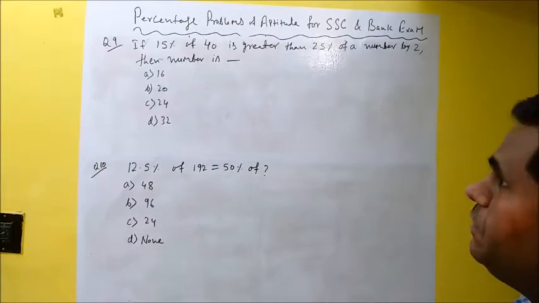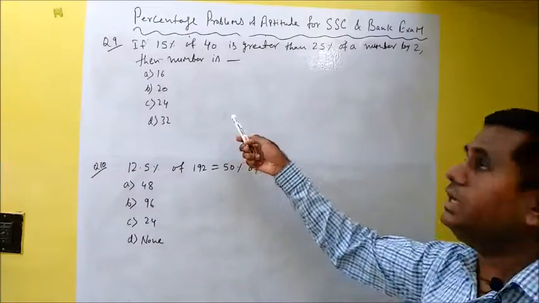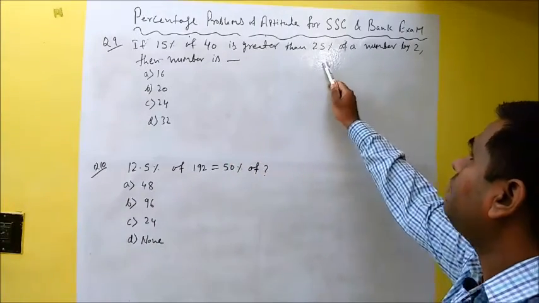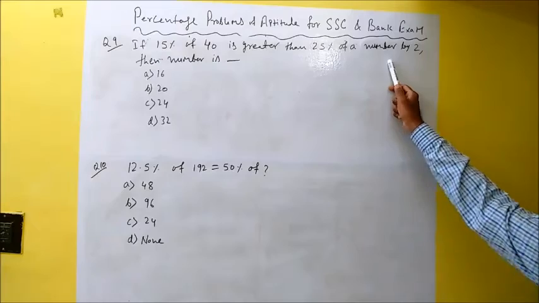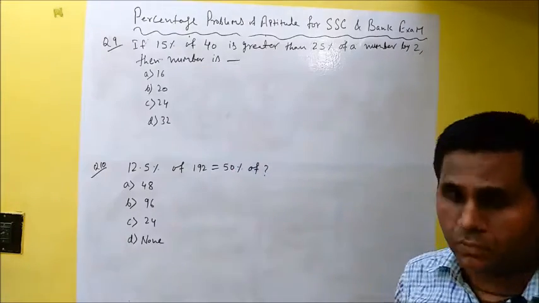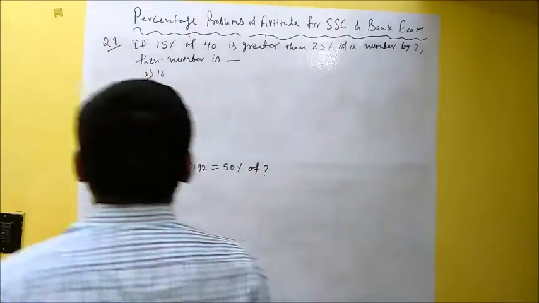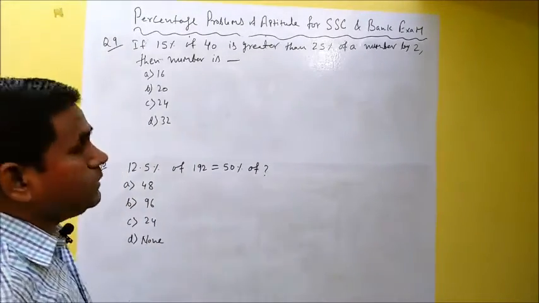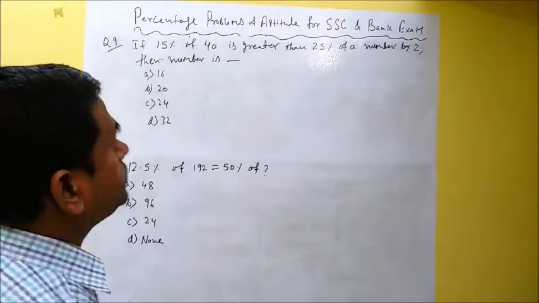It says if 15% of 40 is greater than 25% of a number by 2, then the number is out of any of these. Okay, so 15% of 40, let us just write what the question says.